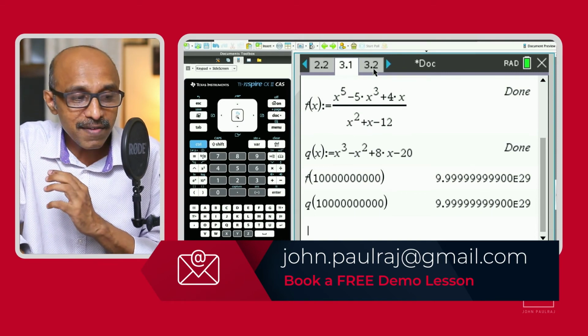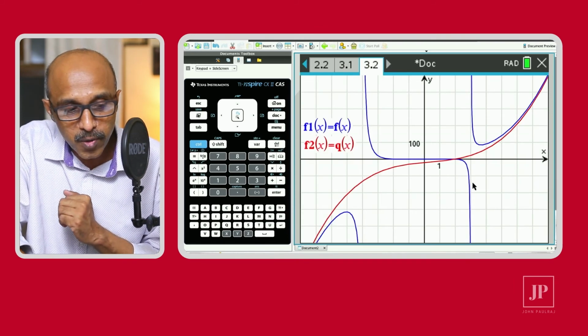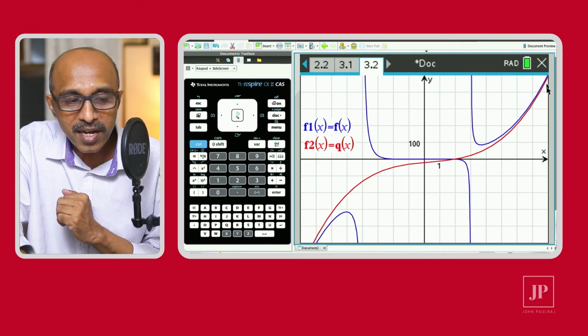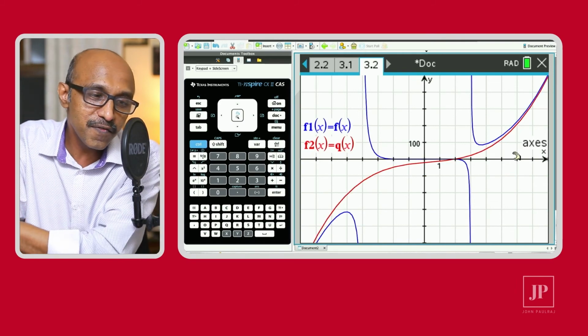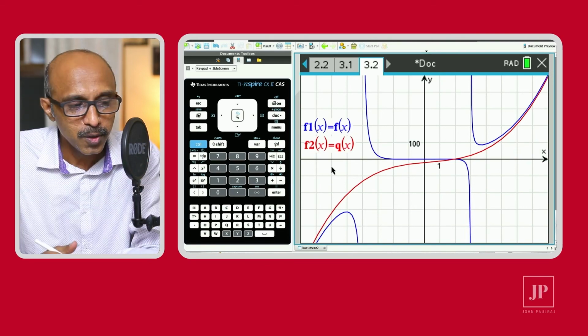And not only that, even on the graph, you can see that the rational function, which is in blue, and the cubic function, which is in red, seem to agree for x approaching positive infinity and x approaching negative infinity. So what can we conclude from all of this?